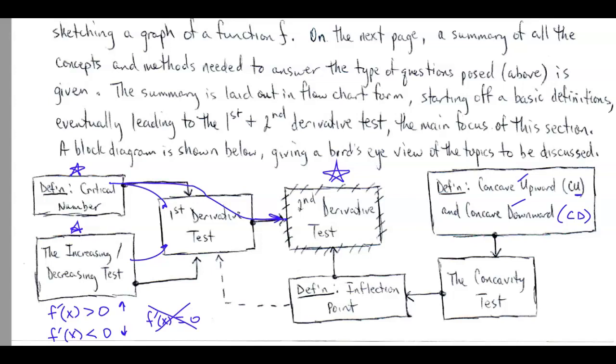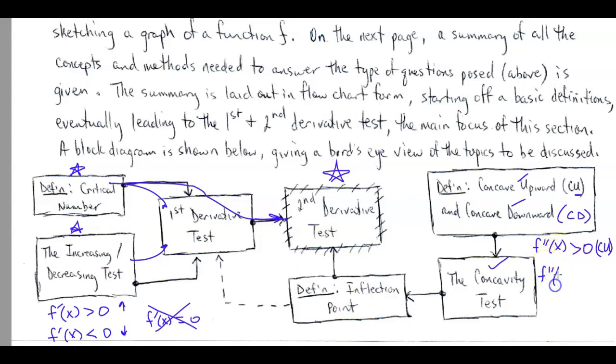Okay. All right. So the concavity test, after we know what this concept of concavity is, and I'll go ahead and tell you this part now. Whenever we have the second derivative of a function and we plug it in and it's going to be positive, we consider our graph to be concave up for those portions of x values for our original function.